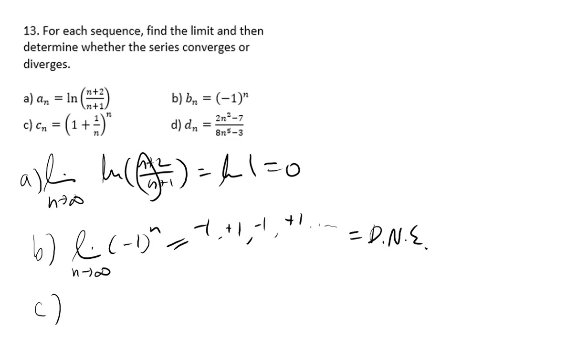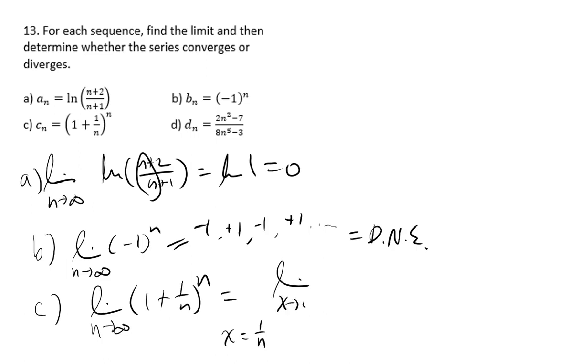Okay. C, limit of (1 plus 1 over n) to the n. Well, we've done this many times before, so you probably know what to do. Let x be 1 over n. So this is limit x going to 0 plus of (1 plus x), and since x is 1 over n, that means n is 1 over x.